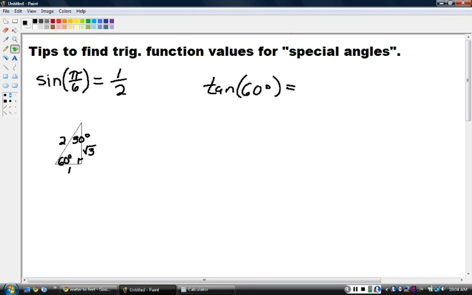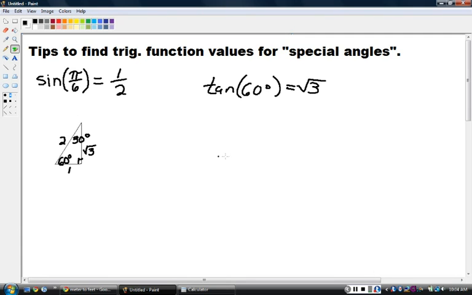I go to 60 degrees, opposite over adjacent, root 3 over 1, and I have my answer right there, right? So this isn't really a special trick or anything. It's just drawing the 30, 60, 90 triangle, and once I have that, I can get to all my answers for 30 or 60 degrees.